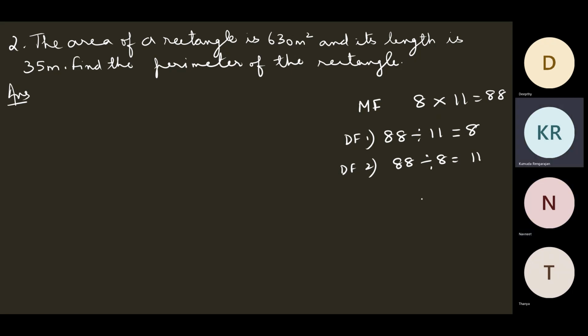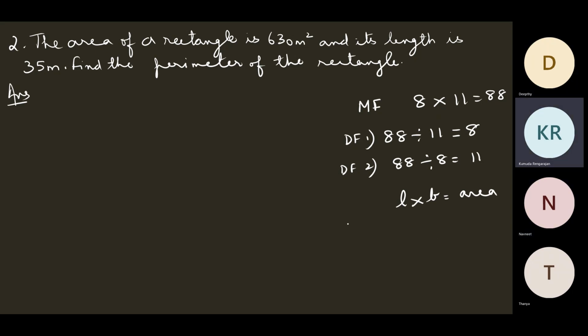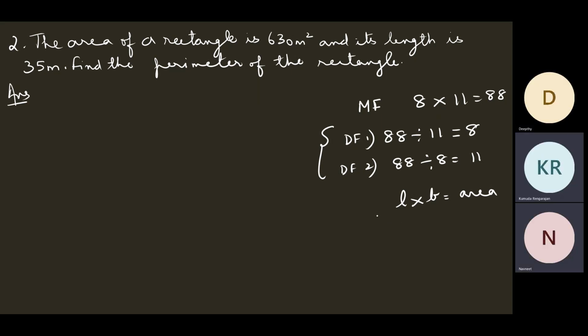Now listen very carefully. This is very important, children. We know that L into B is equal to area, correct? Yes, ma'am. Now use this idea of division facts and tell me what you can write.